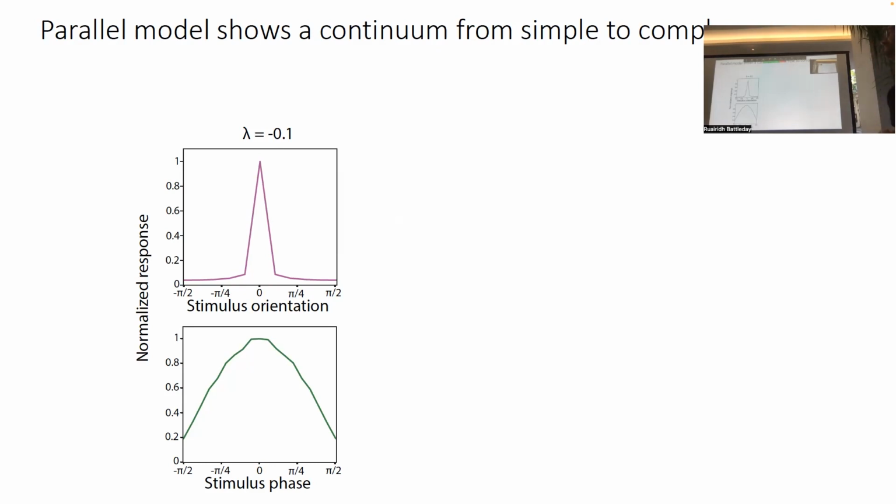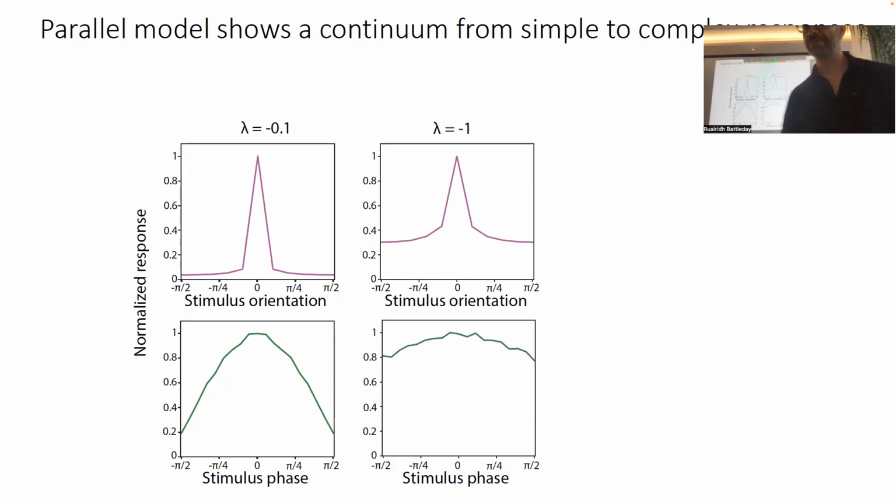Below, we see the phase response, and we see that the response diminishes if we shift the stimulus from its preferred phase. But as we increase lambda, we see the same or similar orientation tuning curve, but the unit becomes more invariant to phase changes of the stimulus.